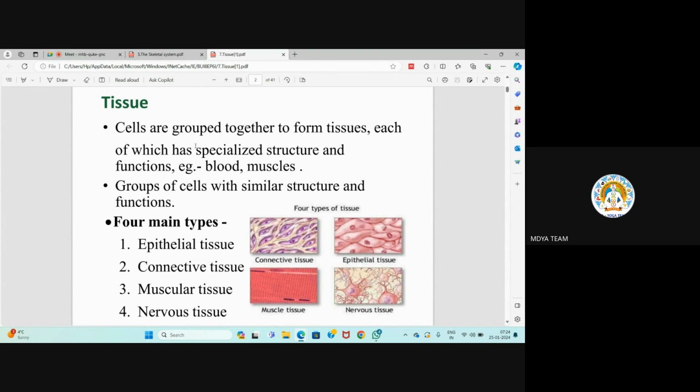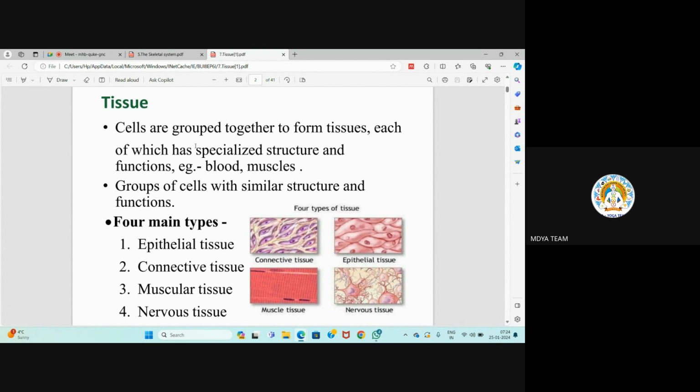White blood cells and platelets also make up blood. In the case of skeletal muscles also, they have a particular type of shape and size. So a group of cells with similar structure and function makes tissue.